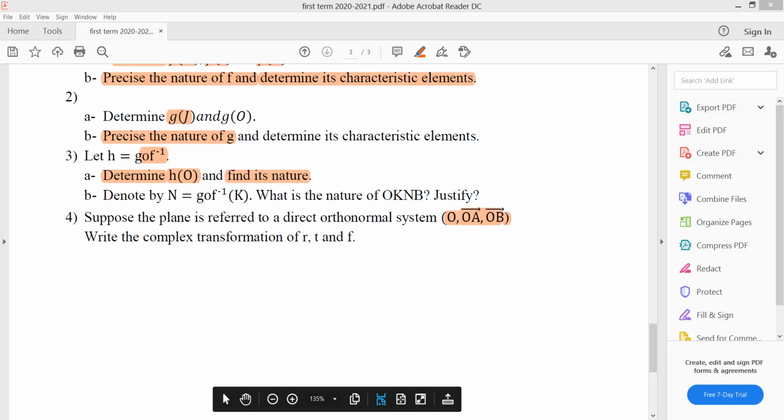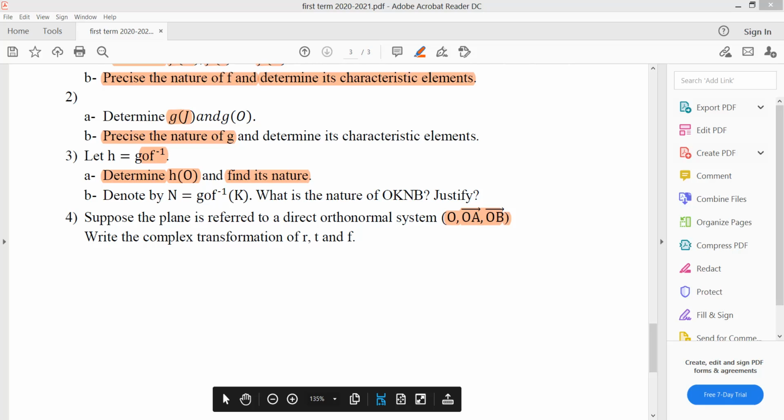Now we have F is a rotation with center K and angle pi over 2. So Z prime equals AZ plus B. Since the angle is pi over 2, then A equals e to the i pi over 2, which is i, Z prime equals iZ plus B. But K is the center, I can say Z_K equals B over 1 minus A. Z_K equals half equals B over 1 minus A, which is i.